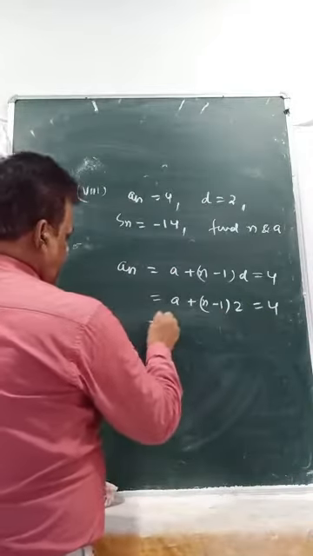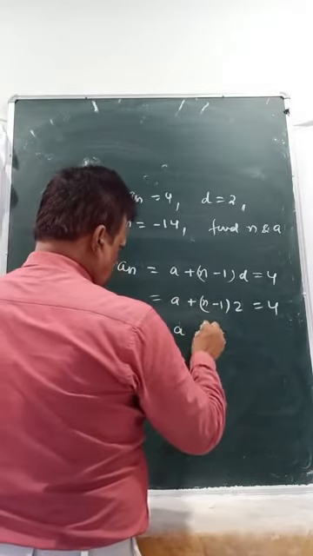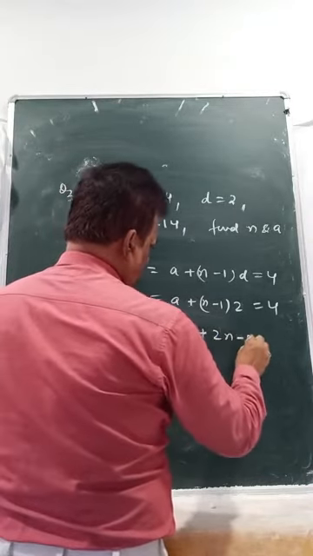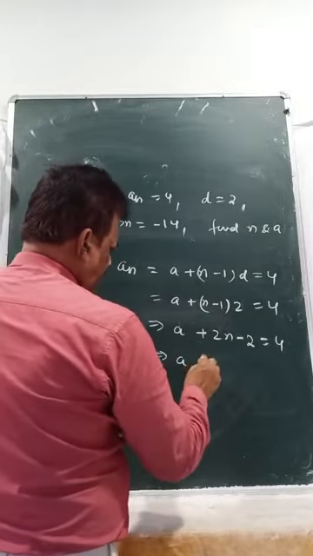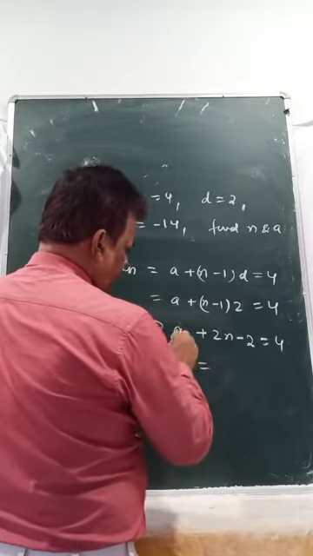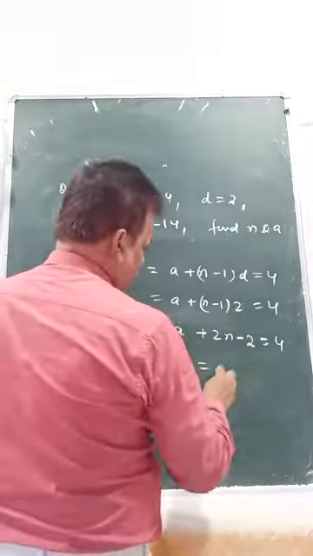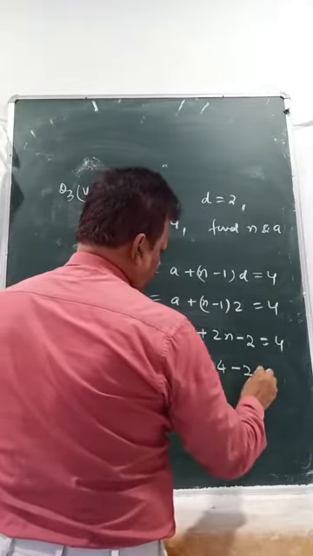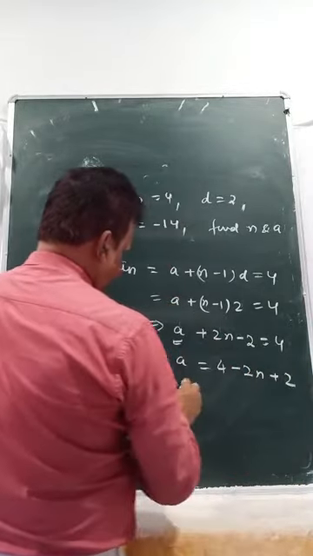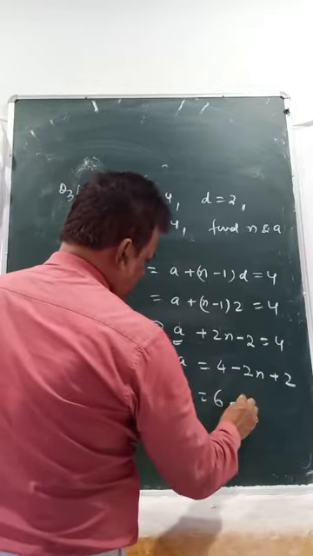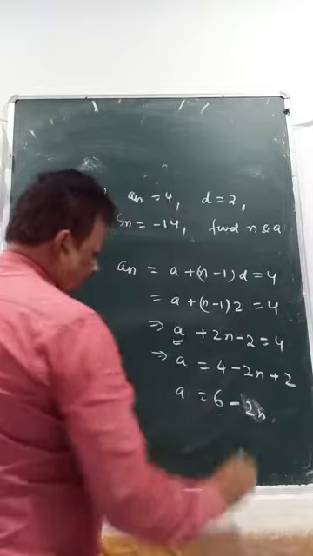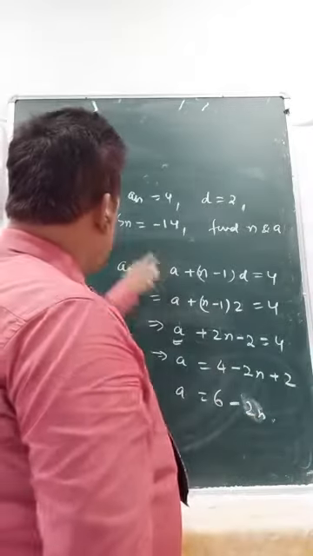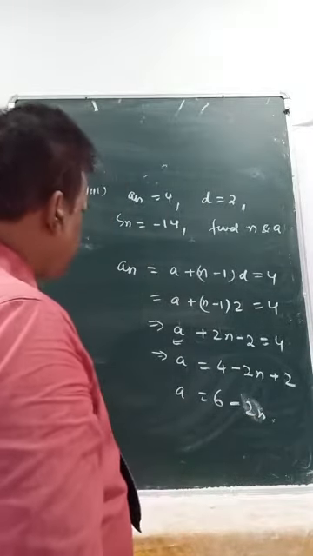So implies a plus 2n minus 2 equals 4. a you first find out, this will go that side. 4 minus 2n plus 2. a equals 6 minus 2n. Got it? Now Sn is given, minus 14.